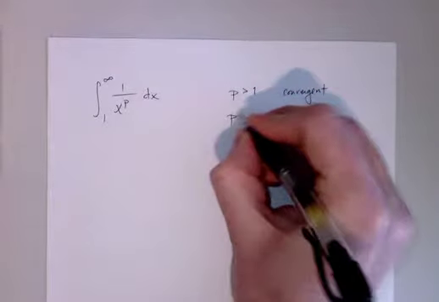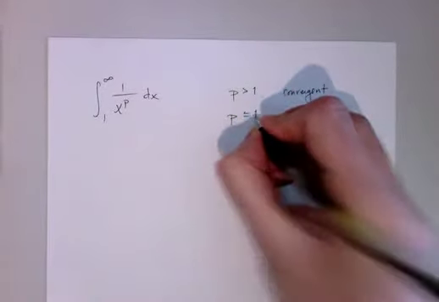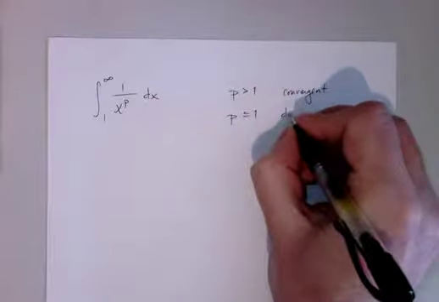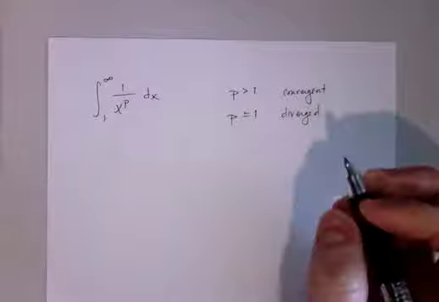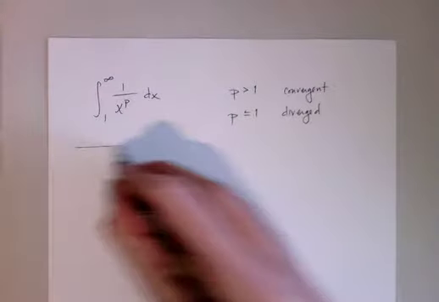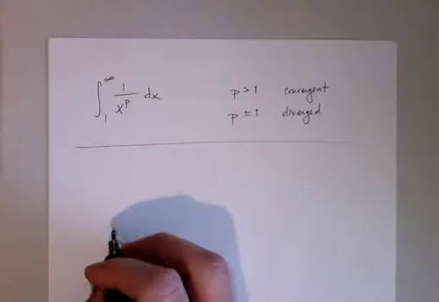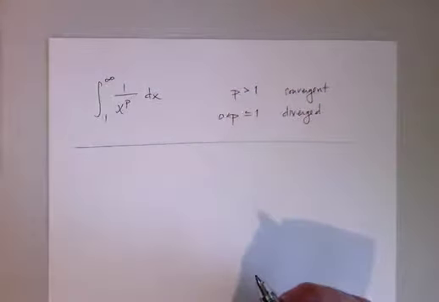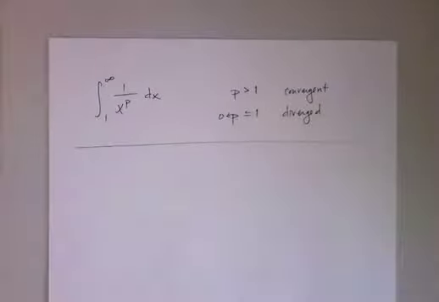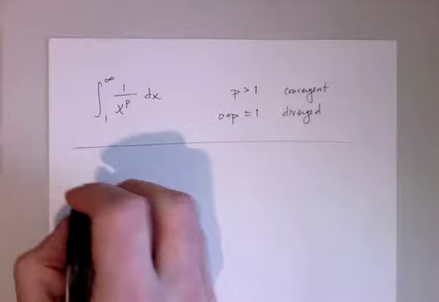And as long as p was less than or equal to 1, it diverged, okay? Well, the same thing is going to happen here. Make sure it's positive, right? It's got to be positive, otherwise it pops back up into the numerator. It's obviously divergent at that point, but you get the idea.